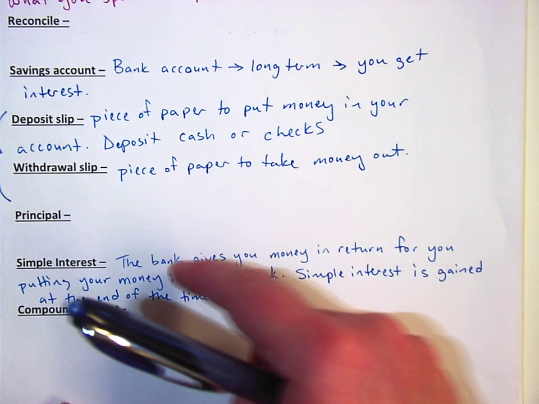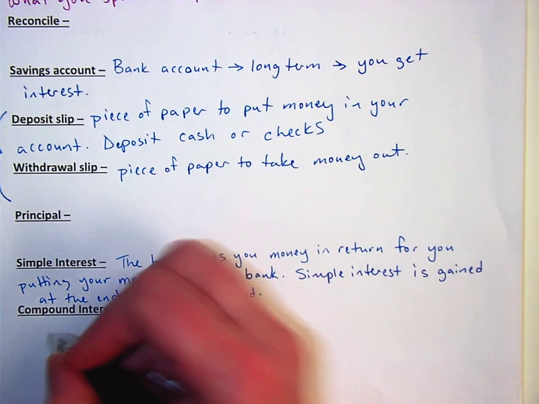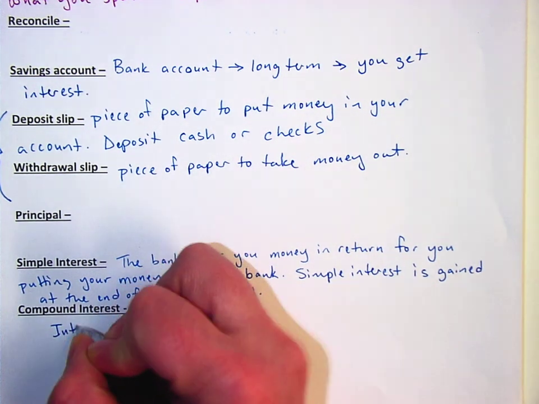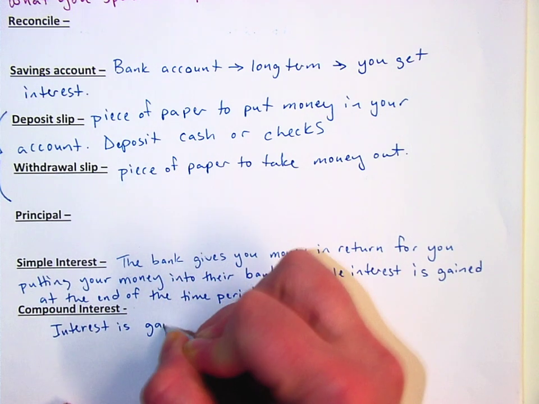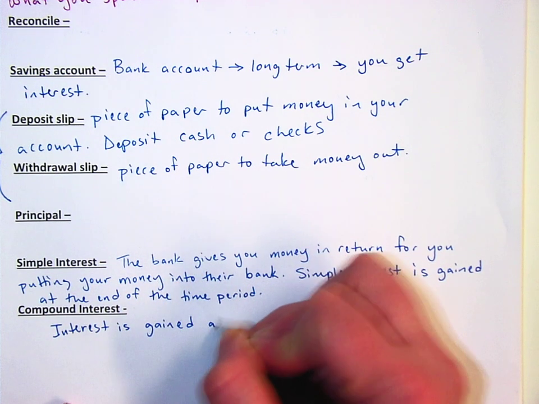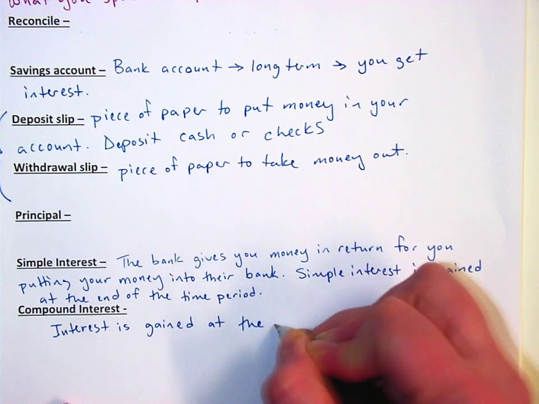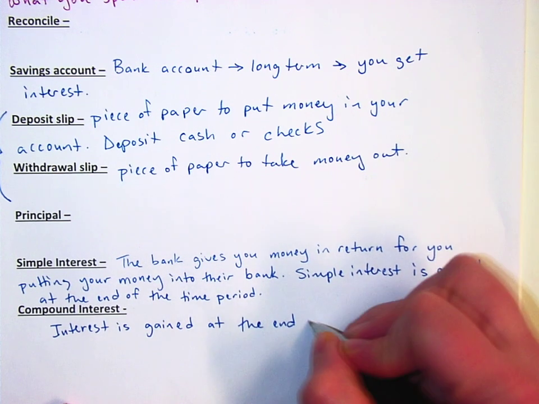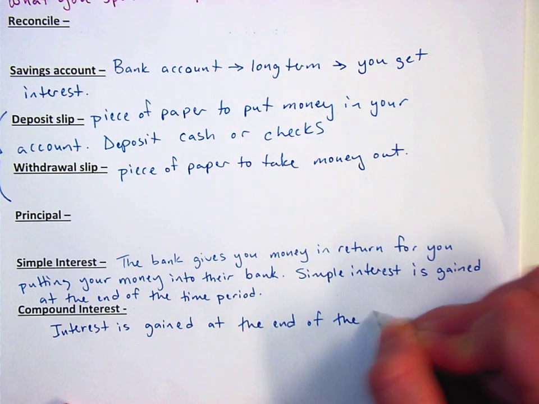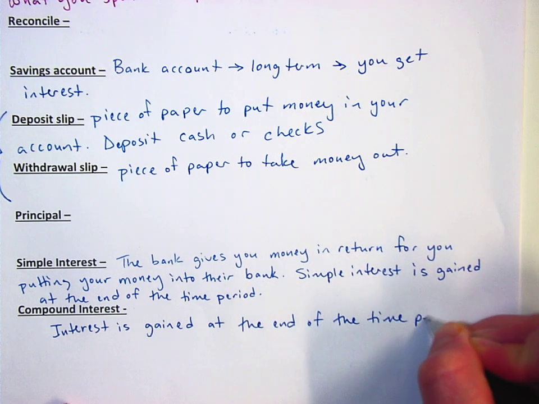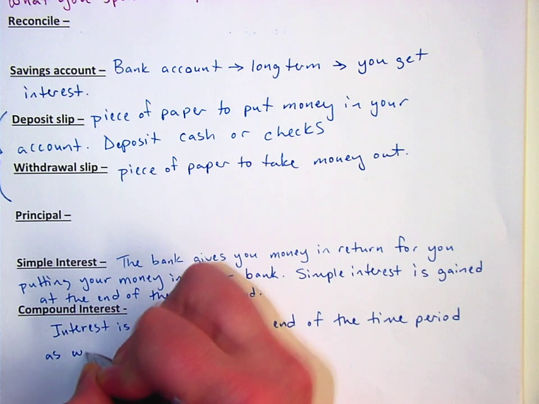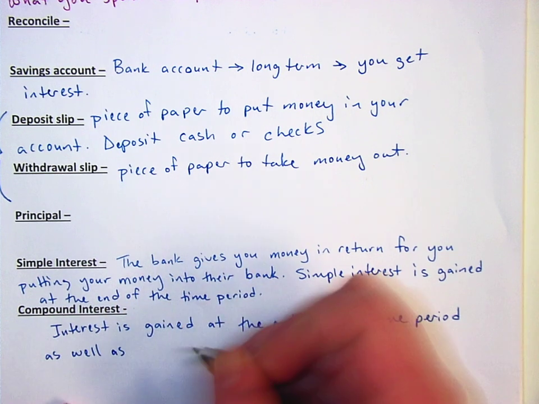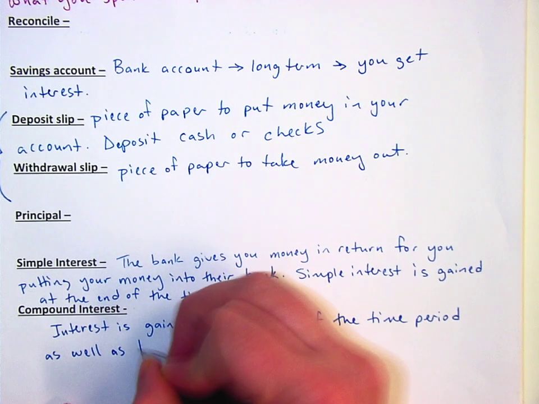Compound interest is the exact same thing as simple interest, except interest is gained at the end of the time period, as well as throughout.